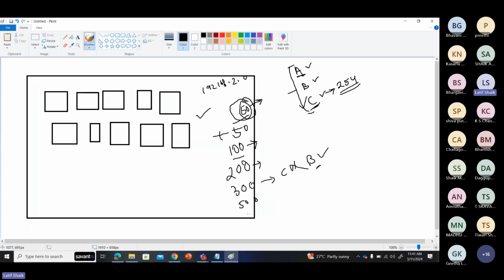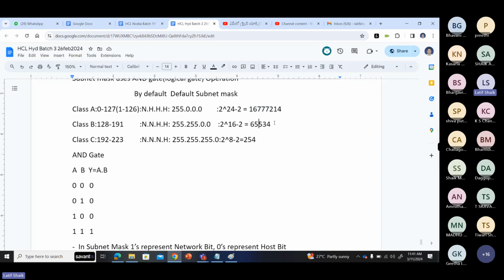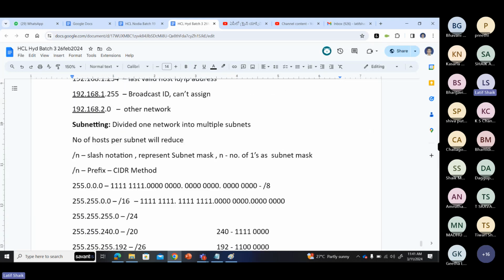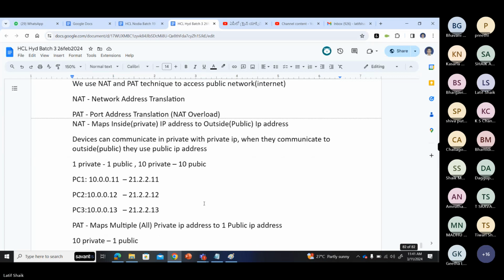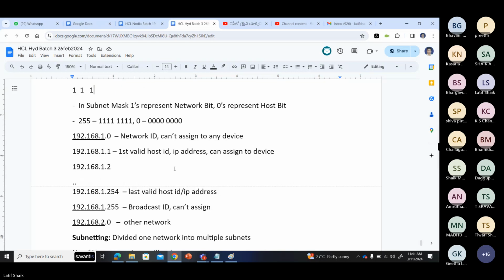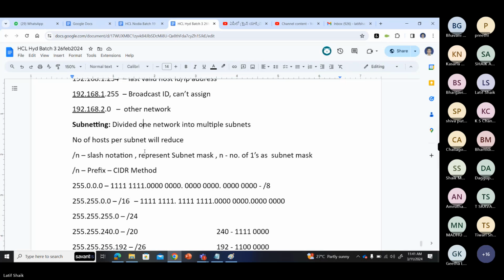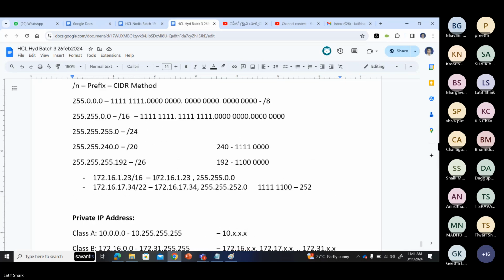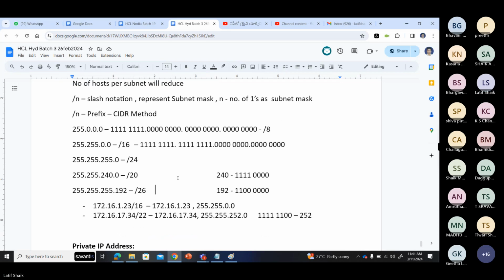Even 500, 1,000, 2,000, or 3,000, up to 65,000 hosts. So depending upon current and future configurations, the number of hosts you require, we choose either class C, class B, or class A. Guys, understand this one, how to choose?